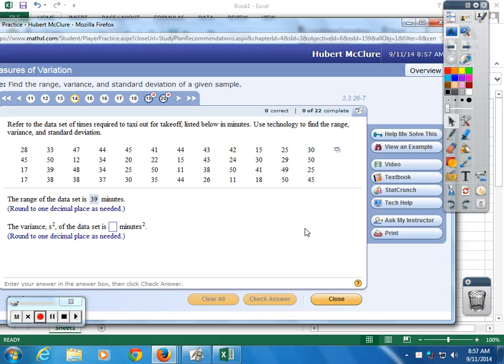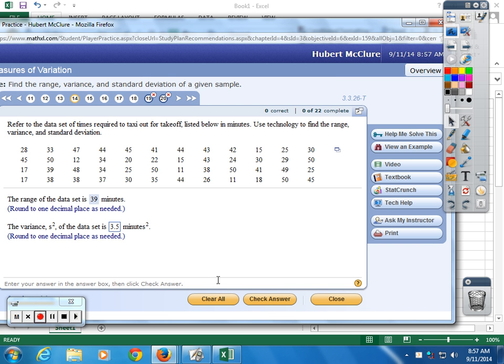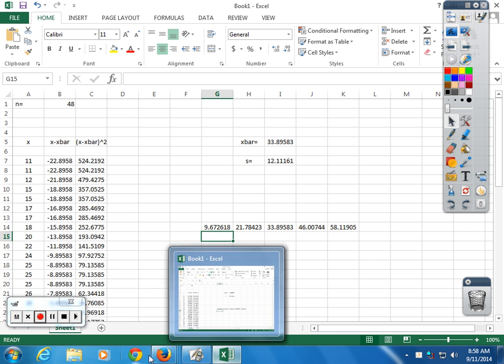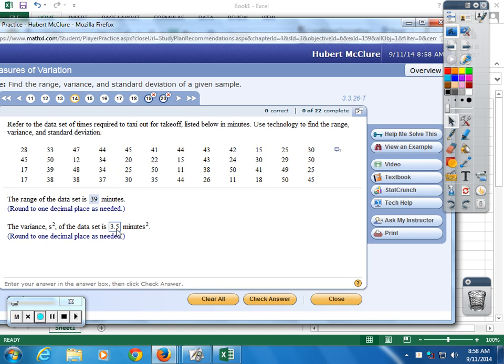And round to one decimal place. 12 squared is going to be 144 or something. No, see, they're asking for the variance. 146.4? Standard deviation is 12 point 1?